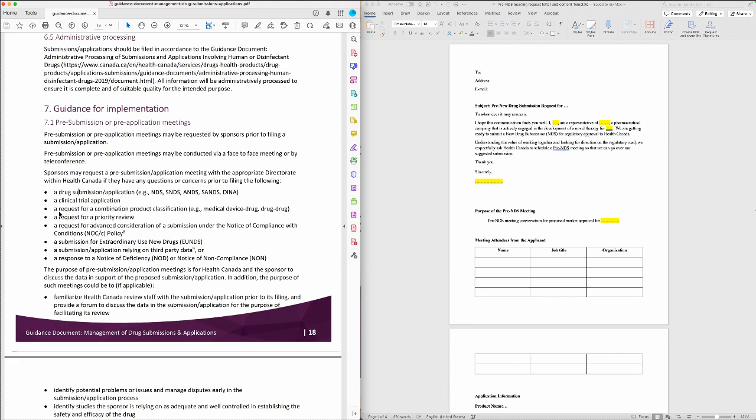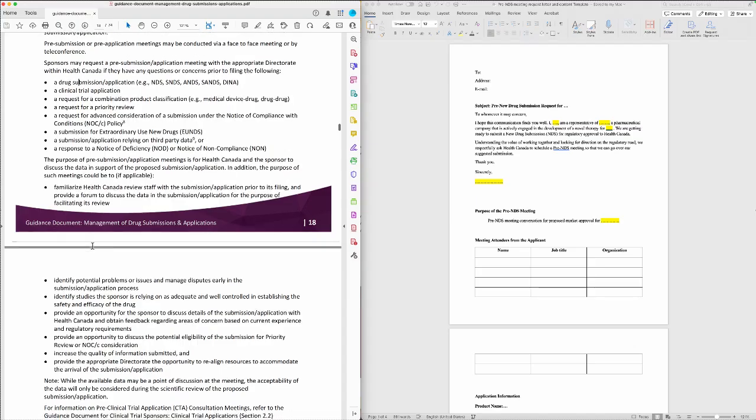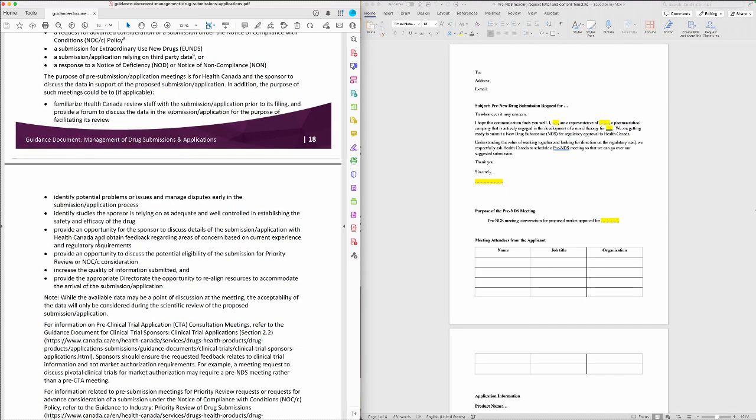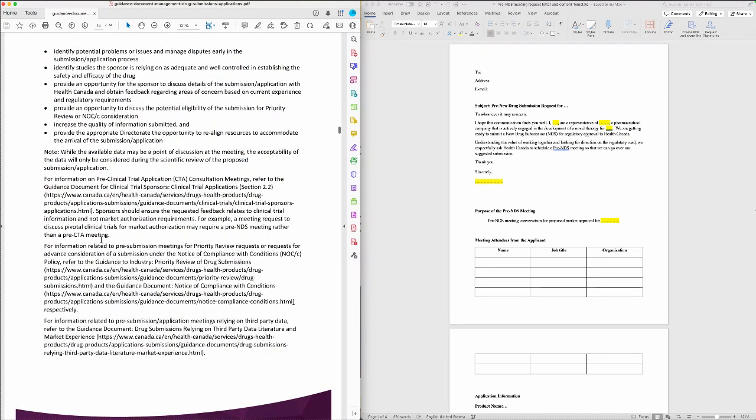Obviously, it also applies to a request for a combination product classification, a request for advanced consideration of a submission under the Notice of Compliance with Conditions, NOC/c policy. It can be a submission for extraordinary use of a new drug, or a submission or application relying on third-party data, etc.